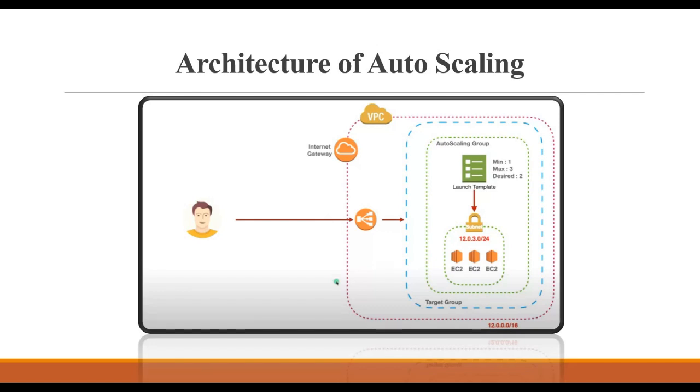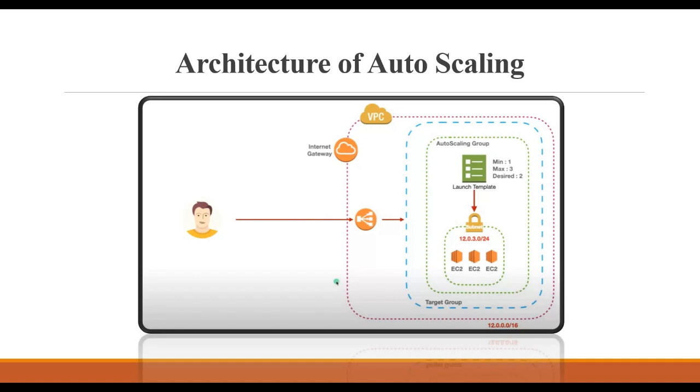So how the components work together: in the VPC and subnets, they are placed in the specific subnets, and the auto scaling group automatically selects the number of instances. In the target group and load balancer, the application load balancer or network load balancer is used to distribute the incoming traffic among the instances in the auto scaling group.